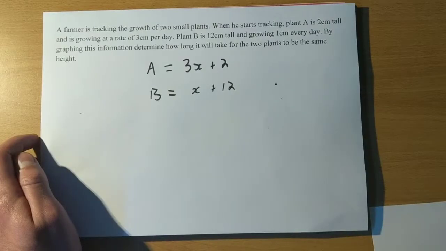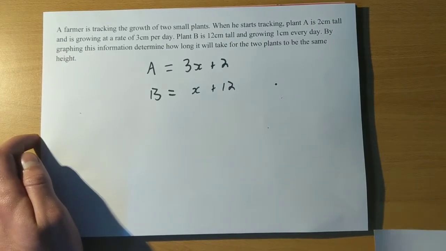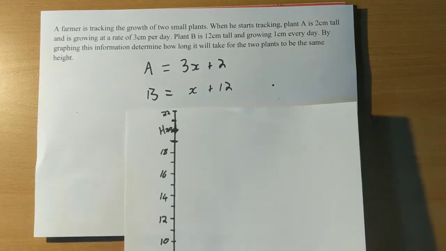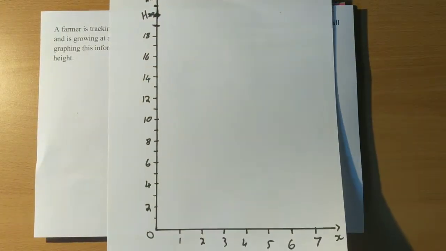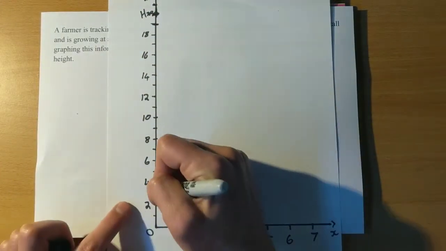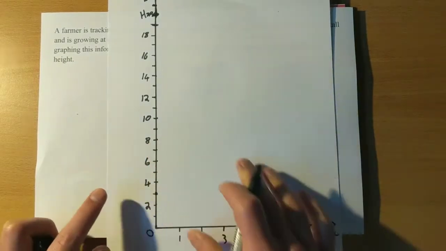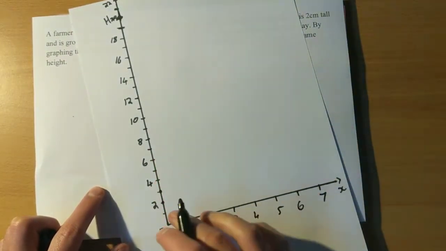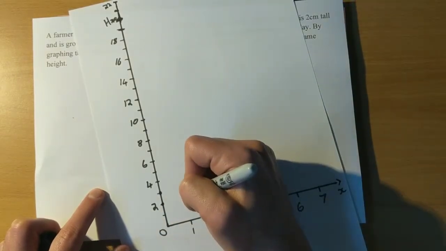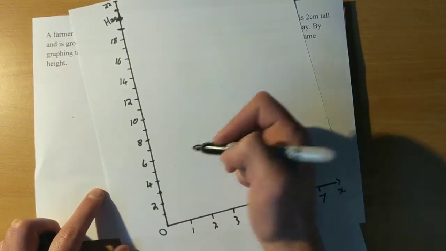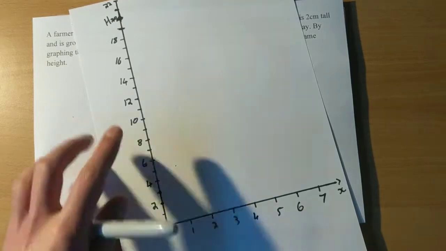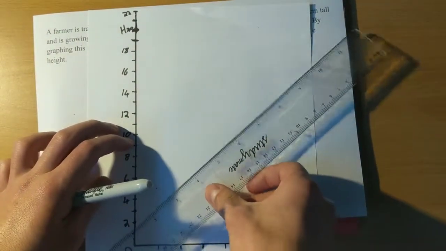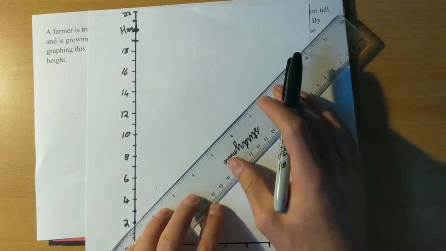So if I bring my graph here, for A, I've got a y-intercept of 2, and a gradient of 3, so that means for every 1 I go across, I need to go up 3. So my line for plant A is going to look something like this.